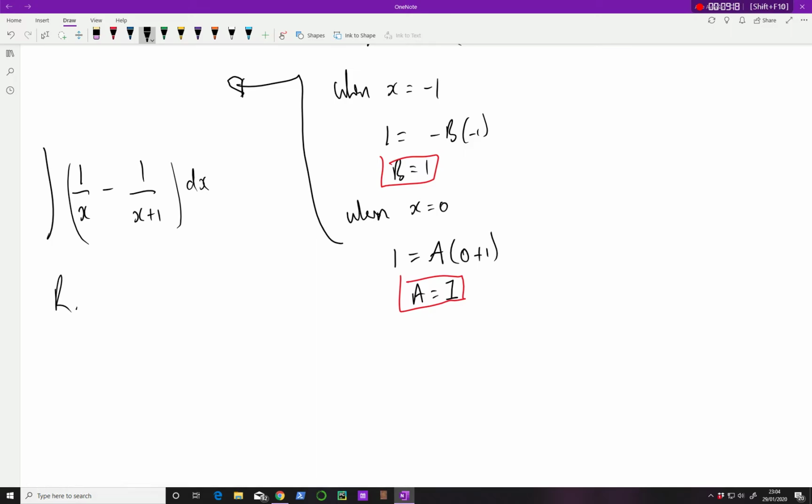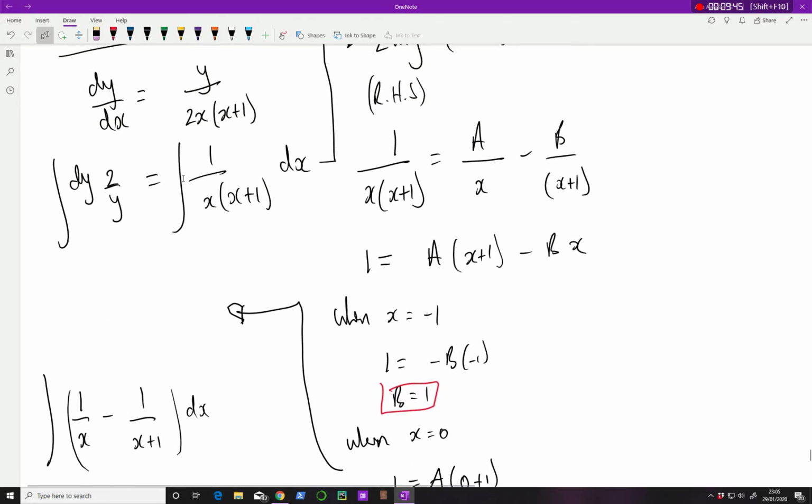So the right hand side now becomes ln x minus ln x plus 1. And you must remember that you would actually use substitution for this one. But because the substitution, u equals x plus 1, when you differentiate that, you just get 1. You get no constant, or you get 1 on the outside, which doesn't need to show up. Okay? So this is the right-hand side.